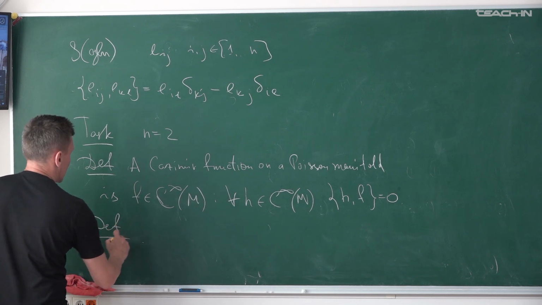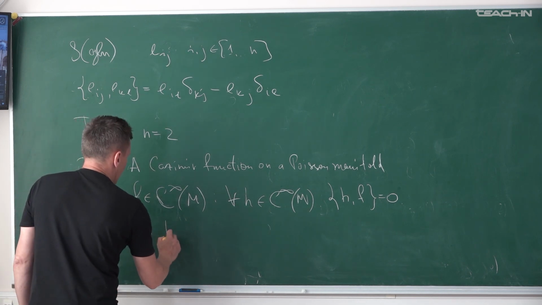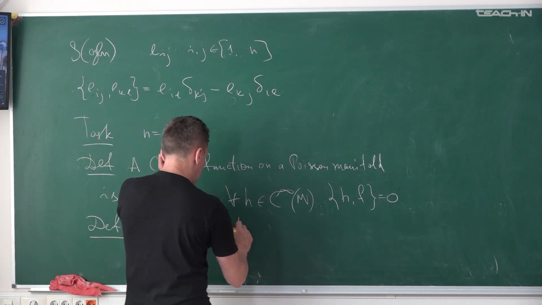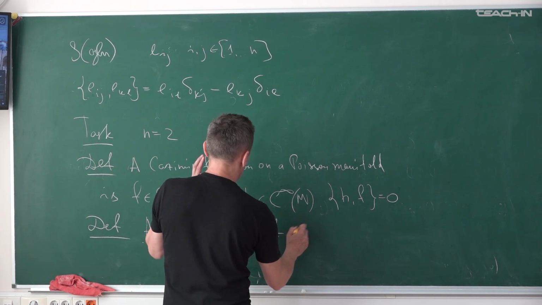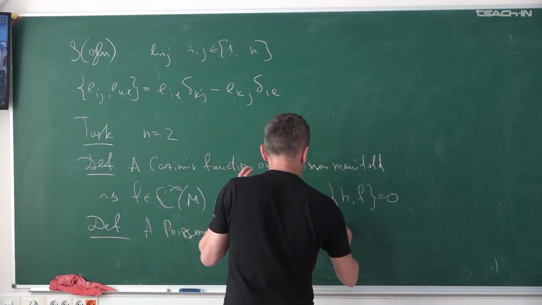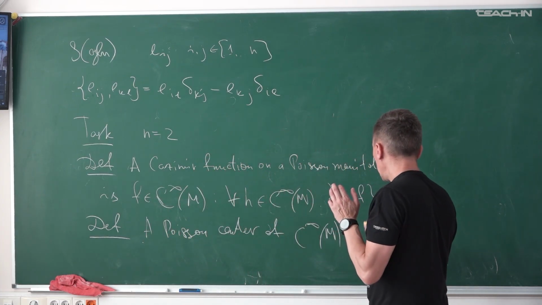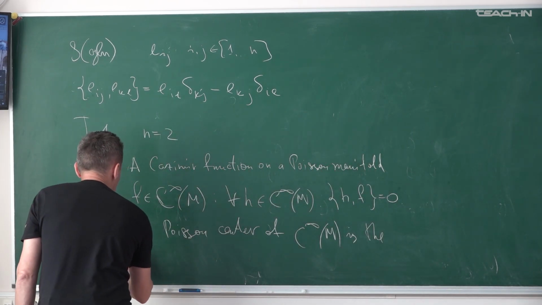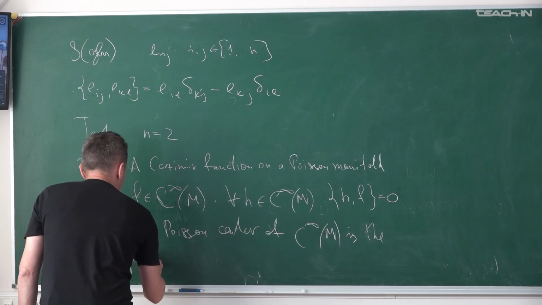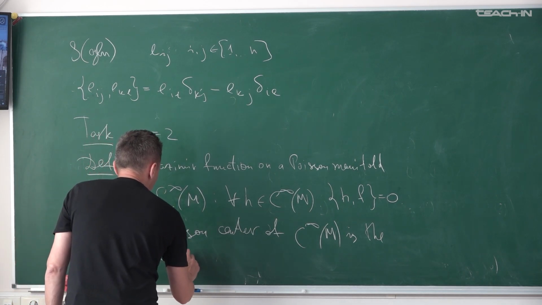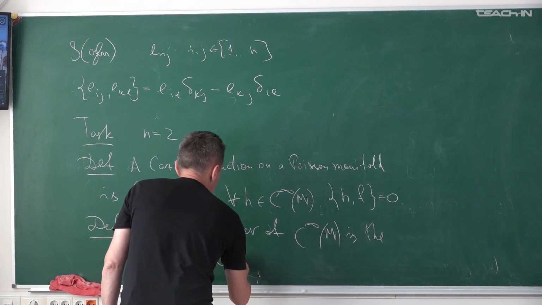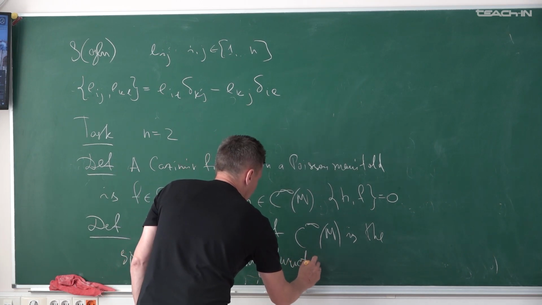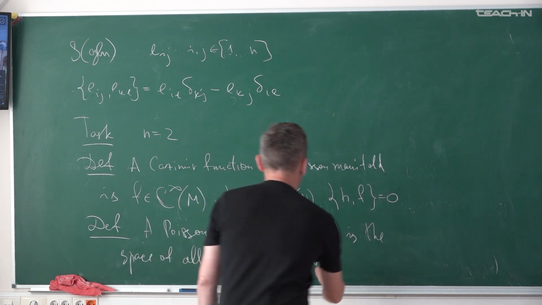Definition. The Poisson center of C^m is the set, the space, of all Casimir functions.